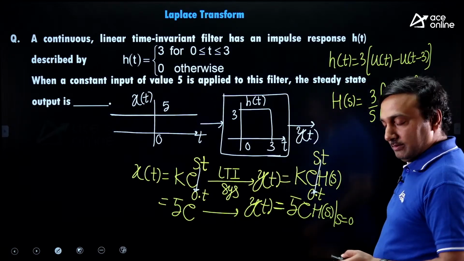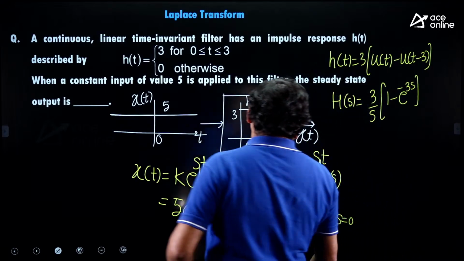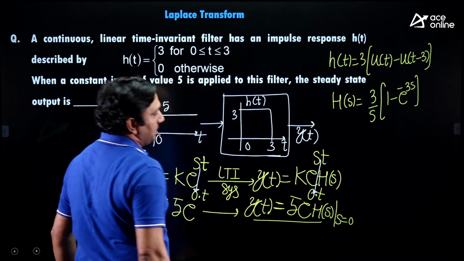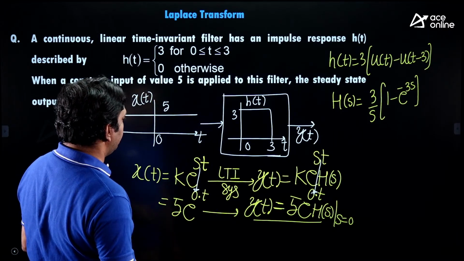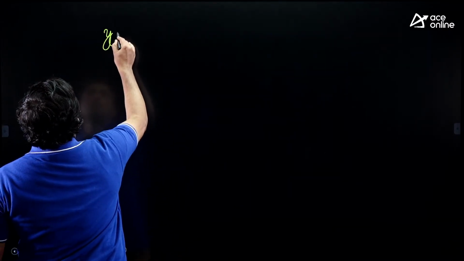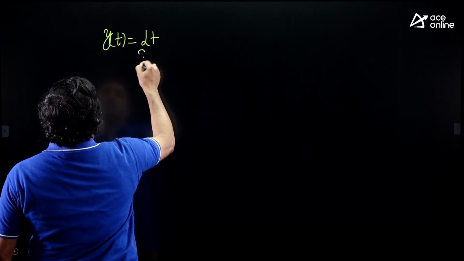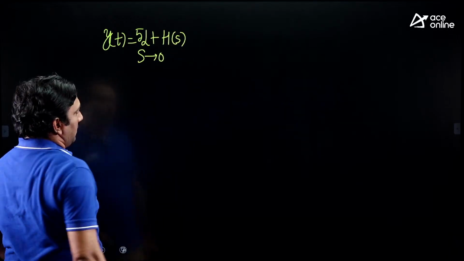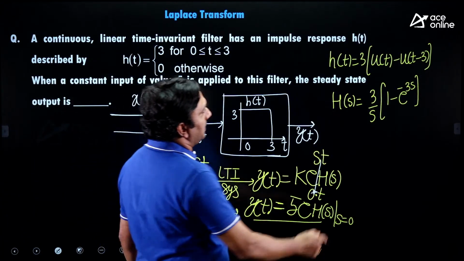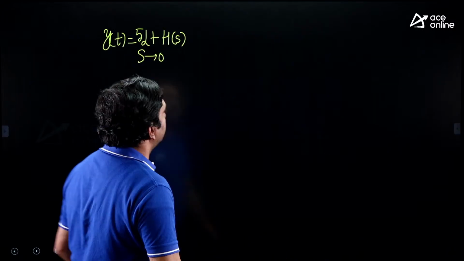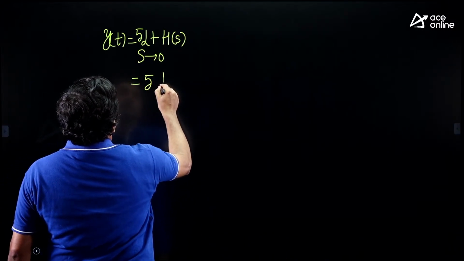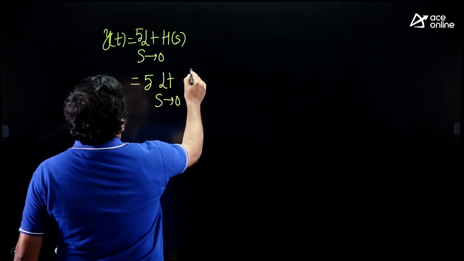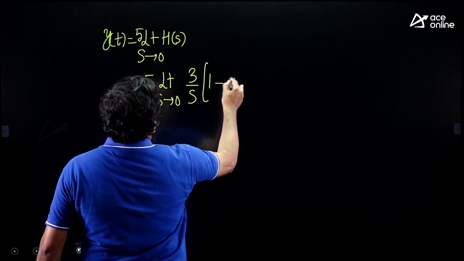Okay, I'm moving to the next slide to complete the model. So what is the indirect meaning of this one? 5 times limit s tends to 0 of H of s. But from our previous slide, if I replace s as 0, we are getting an indeterminate condition. 5 times limit s tends to 0, what result did we get? 3 by s into 1 minus e power minus 3s.